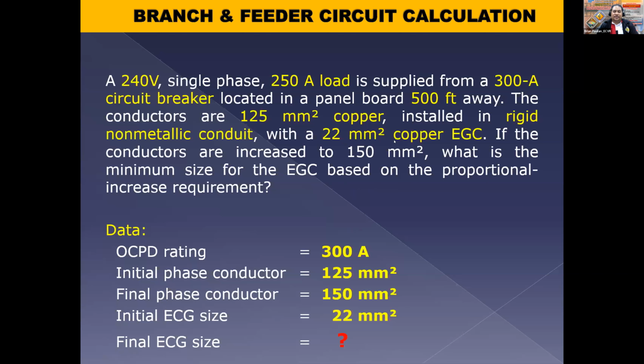Okay. So ratio proportion lang, no? So kung initial phase conductor natin is 125 mm squared tapos pinalakihan siya ng 150, original size natin ng equipment ground is 22, ano yung final size natin na ma-match dun sa 150 mm squared?